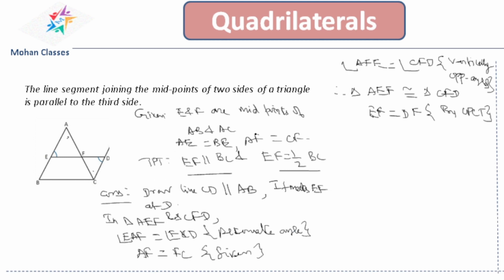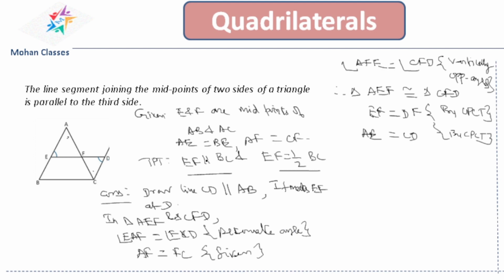Sorry, AE is equal to CD. This is also by CPCT.